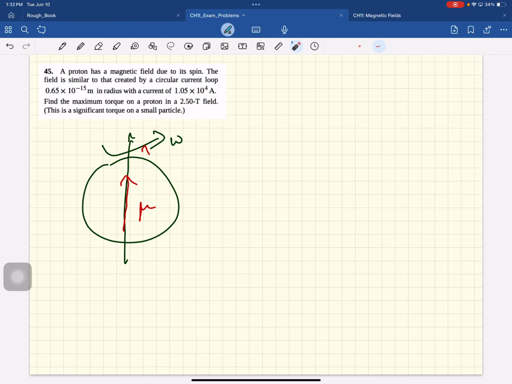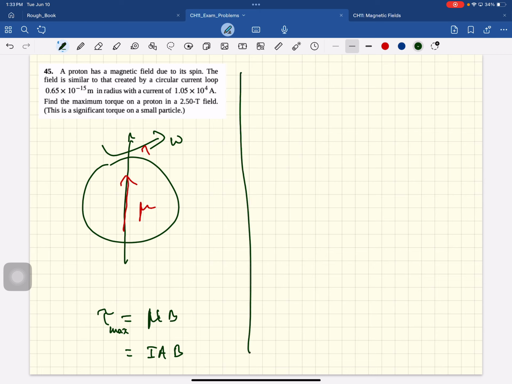Okay. So the maximum torque is mu times B. Okay. Max is that. Mu is I times A B. Okay. So max torque is I times pi r square B. I is 1.05 into 10 to the 4 amps.